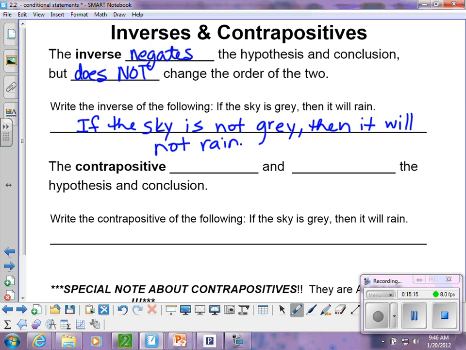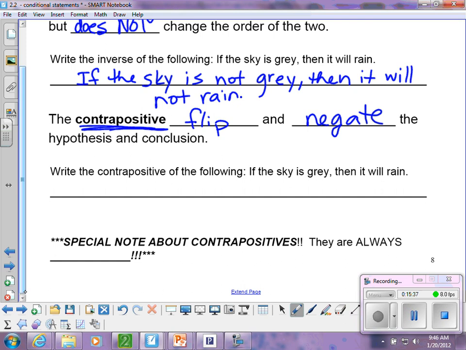And then this big word right here, contrapositive, you flip it and negate it. So the contrapositive is like combining the converse and the inverse, okay? You do both. So you flip and negate the hypothesis and the conclusion. So write the contrapositive of, if the sky is gray, then it will rain.